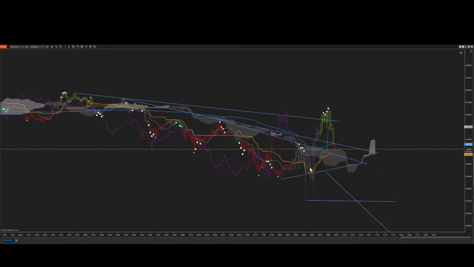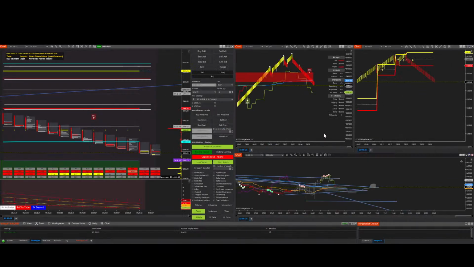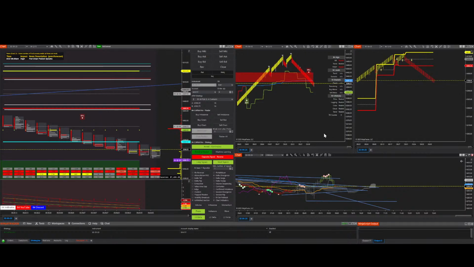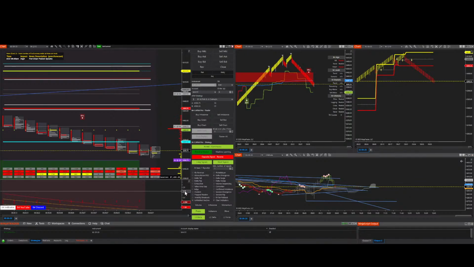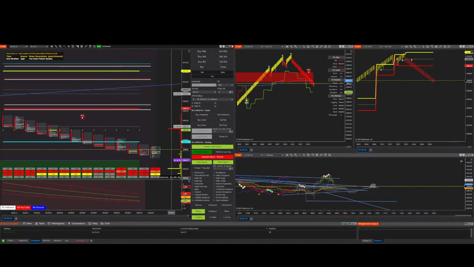Was a fast move here. It could be a fast move back down to here. Losing momentum to the downside.